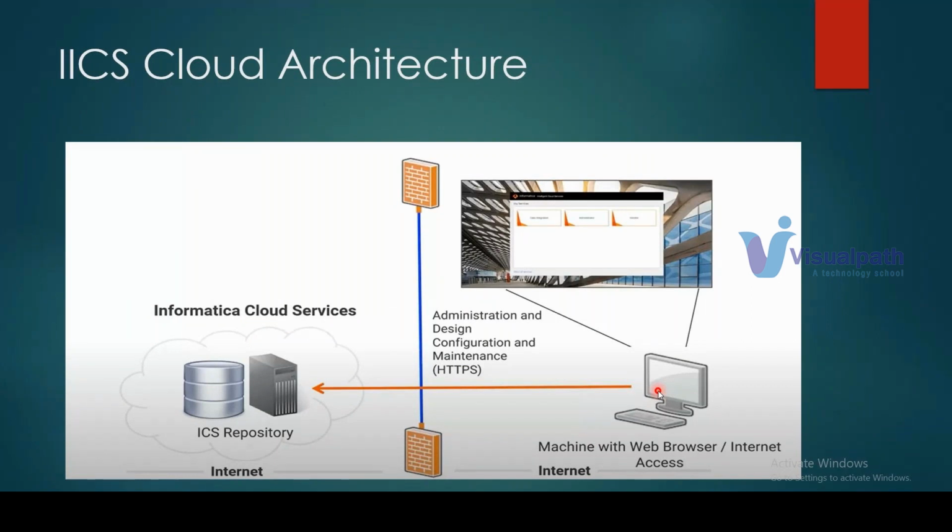Everything is happening over the internet, and you perform your design, administration, configuration and maintenance through the HTTPS protocol. You log into a web browser from your machine. All you need is internet access, and you can perform various functionalities.